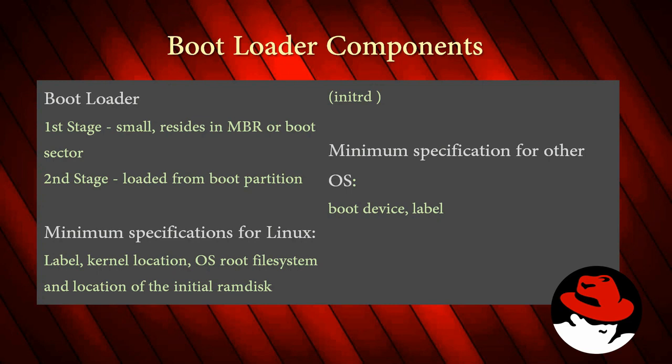If you provide root or a non-root user, it will go to that user's account. You will be logged in with that account. Then the location of the initial RAM disk is loaded, that is initrd, which is again a daemon. Then the minimum specification for other OS, that is a boot device or label, could be done.